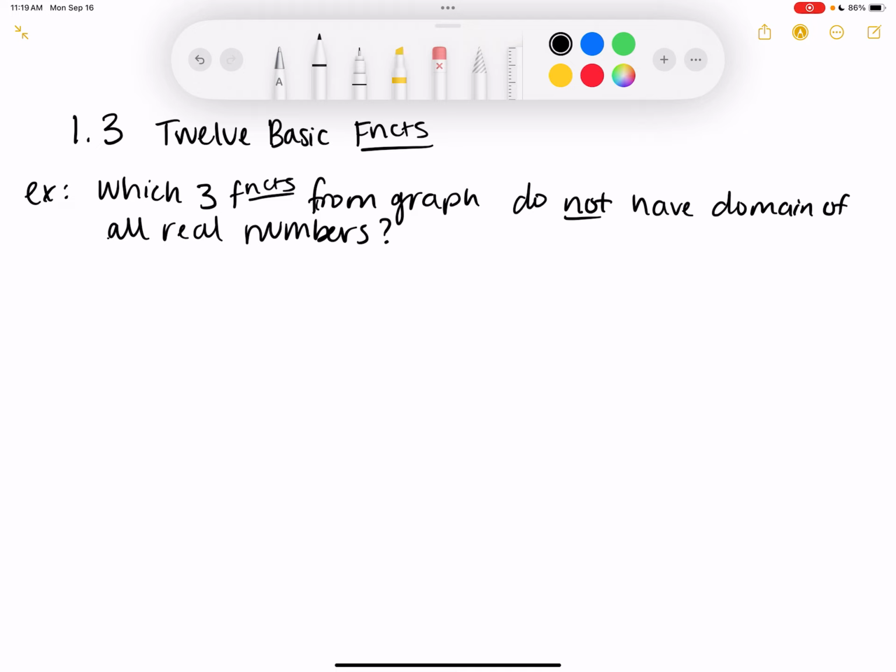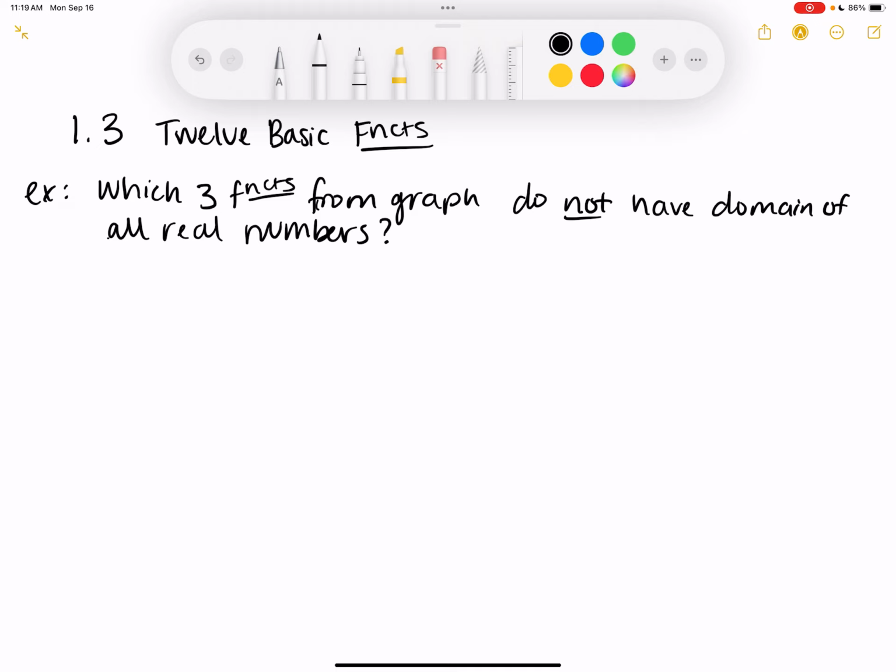A domain of all real numbers implies what? There's no imaginary numbers. Yes, but what? It doesn't have to be a line. What does that imply x takes on? The numbers from what? All real numbers would imply what? Negative infinity all the way to infinity.